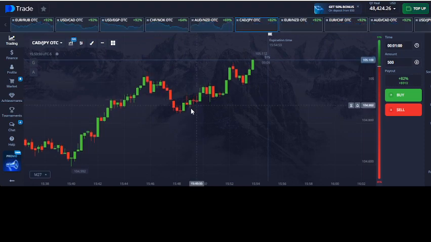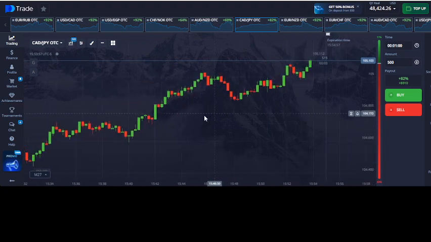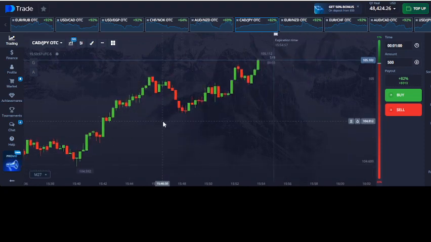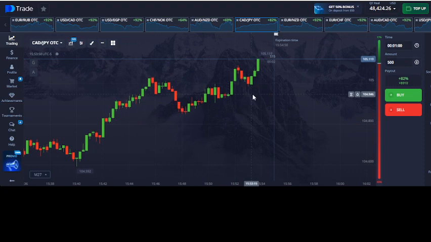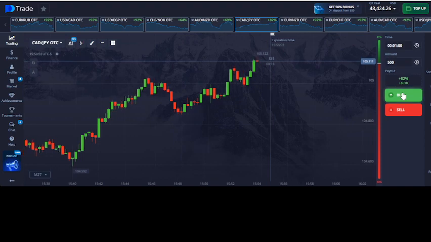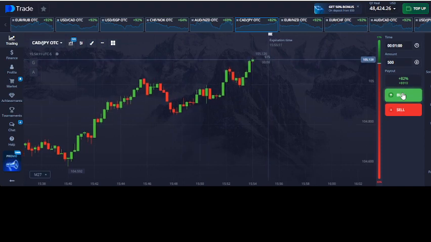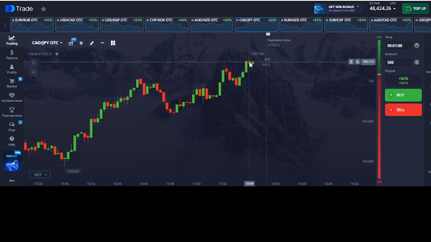We have another. Canadian Japanese yen is in a bullish uptrend here. Let's see if we can. All right, nothing there. There's not a gap here.